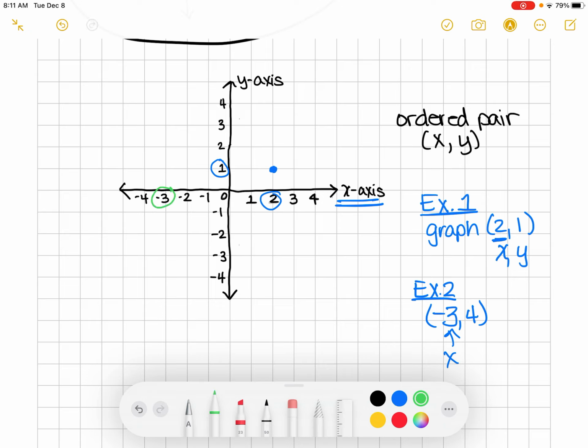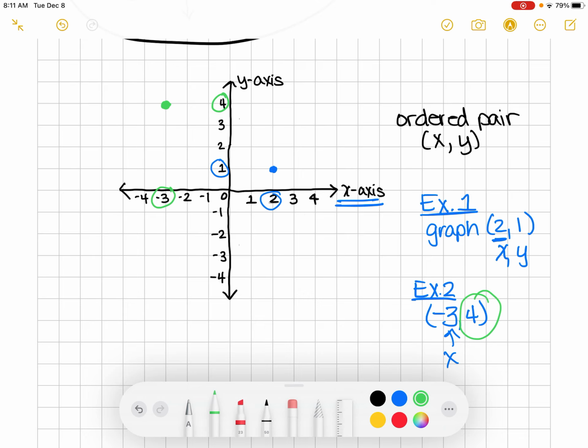Okay, here's -3. And then I'm going to find the 4 on the Y-axis. So 4 is right here. Now, you won't be circling the numbers on your paper. I'm just circling them so you can see. So now I'm looking for those two green numbers. I'm looking for where they intersect. So here they are. Okay, so example 2 is where that dot is.